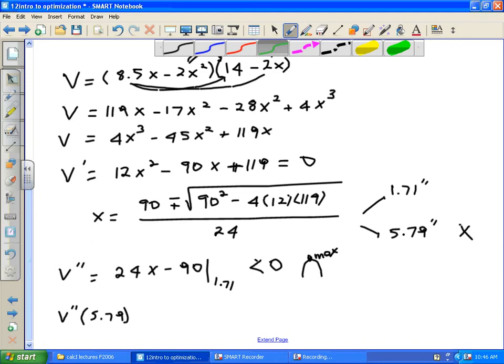We always plug them into the second derivative. The 1.71 made it negative, right? V double prime evaluated at 1.71 was negative. What if you evaluate 5.79 in the second derivative? You'll get a positive answer, right? That means it's concave up, and that point would be a minimum, so we don't want that one. So we're going to eliminate this one, and we're going to keep the other one.